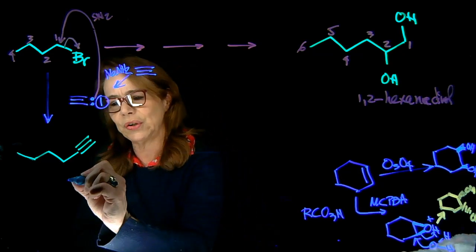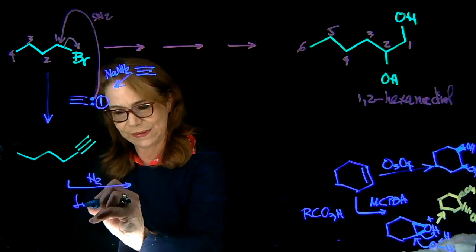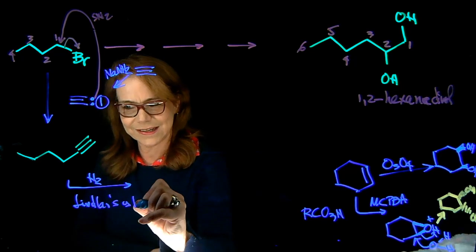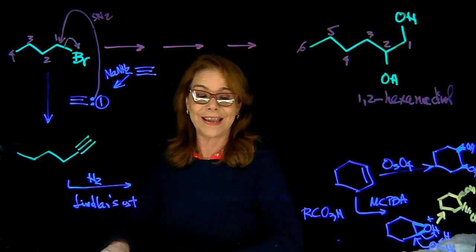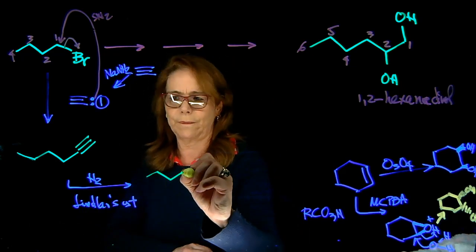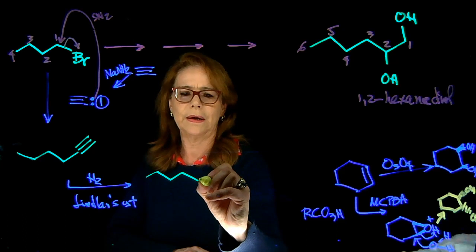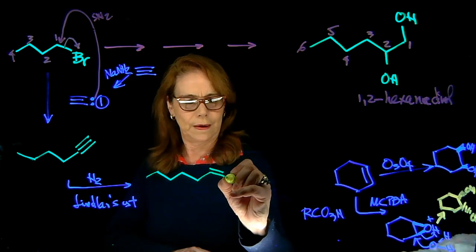And so what can we do here? We can use hydrogen and Lindlar catalyst. And that way, I will remember this is a poison catalyst. So we will stop at the alkene.